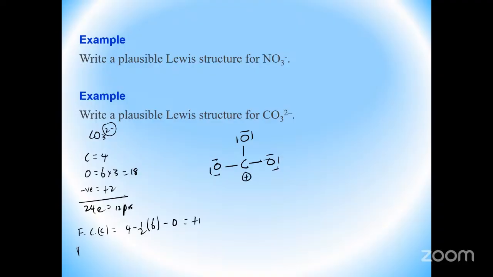And then for the oxygen, the group number is 6 minus half of 2 minus 6 equals minus 1. And that means that each of these will have a minus 1 charge here. So what's going to happen next?